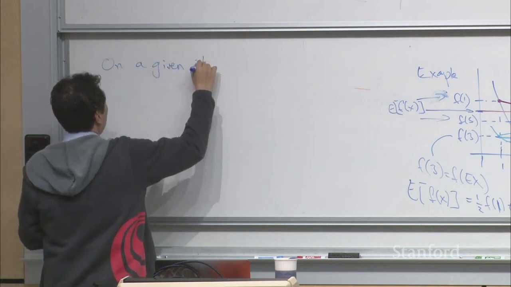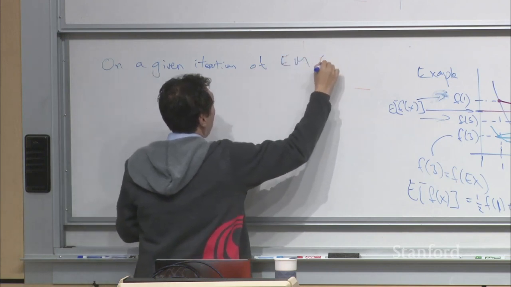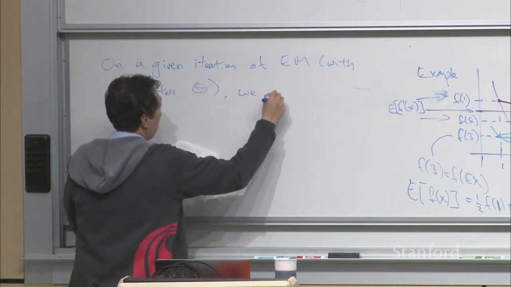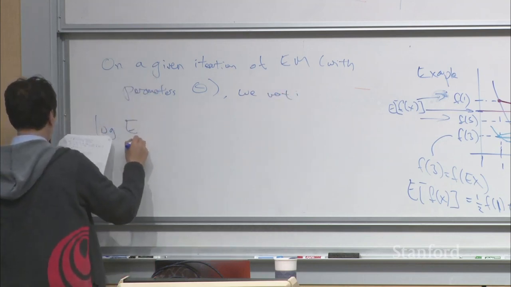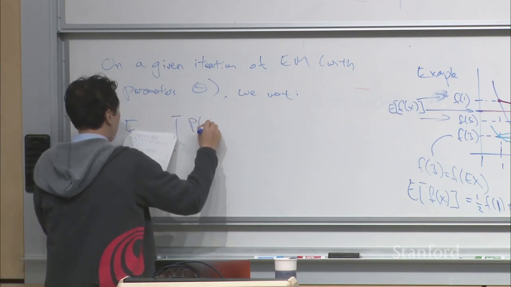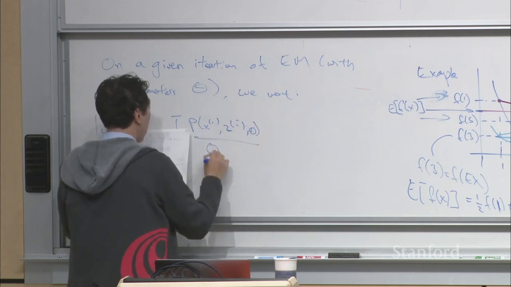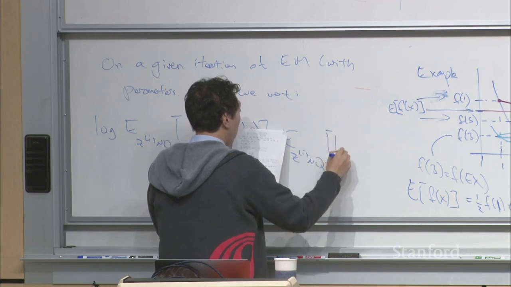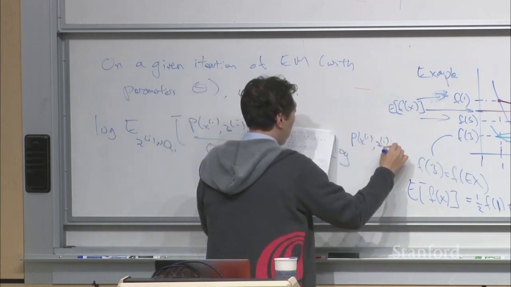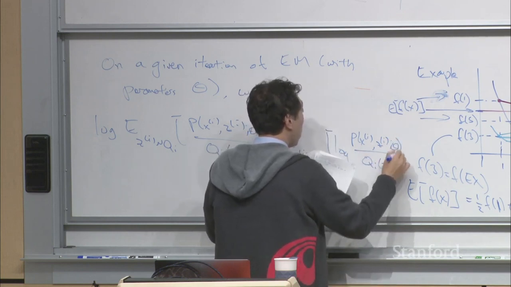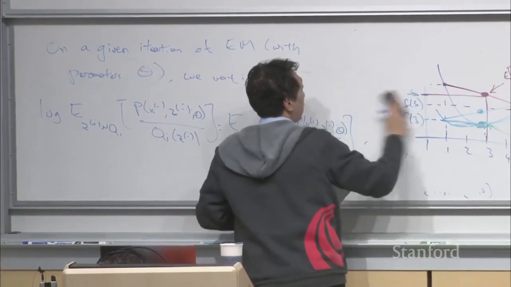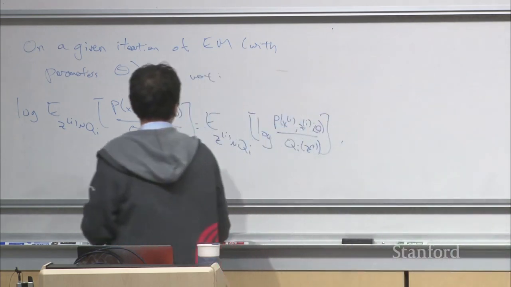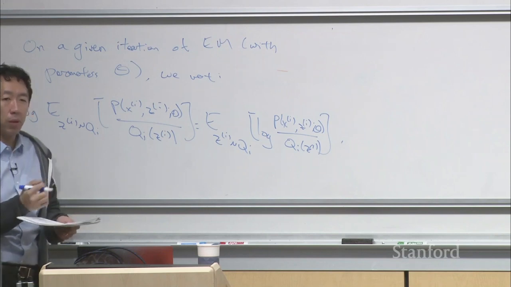So on a given iteration of EM, with the current parameters equal to theta, we want... I know this is a lot of math, but we want the left and right hand sides to be equal to each other, because that's what it means for the lower bound to be tight, for the green curve to be exactly touching the blue curve as we construct that lower bound.